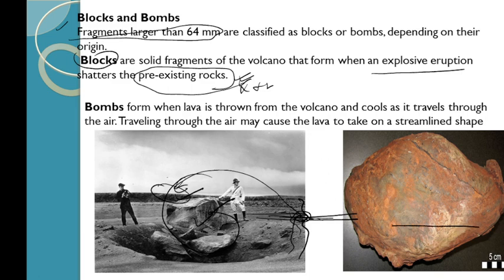Bomb means that when the volcano blasts, the lava material is thrown out and cools quickly to form a solid. This is called a bomb. So a bomb is a newly developed rock, but a block forms from pre-existing rock. So block and bomb are different in terminology.